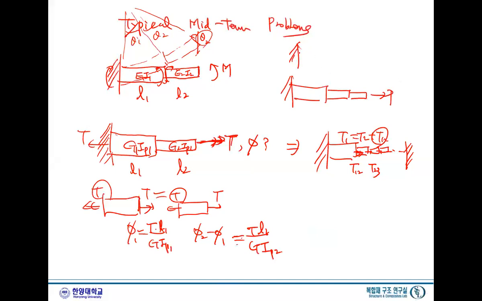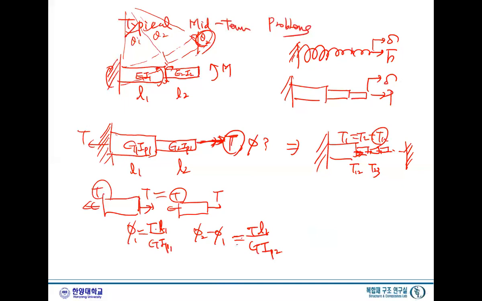Or even when you have spring 1, spring 2, and spring 3, and you apply a force. And how much it deflects, or how much it rotates, is all structurally the same concept.